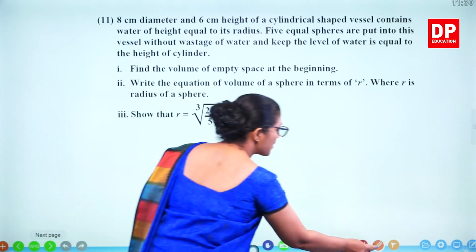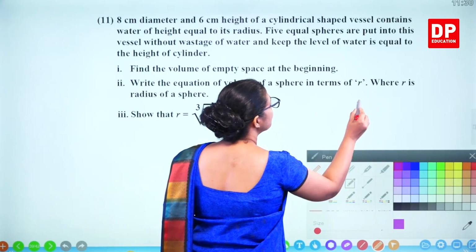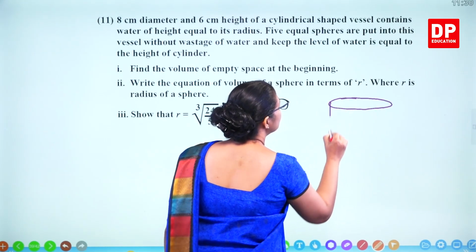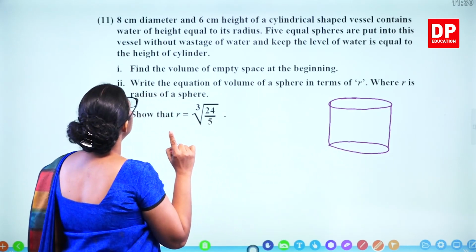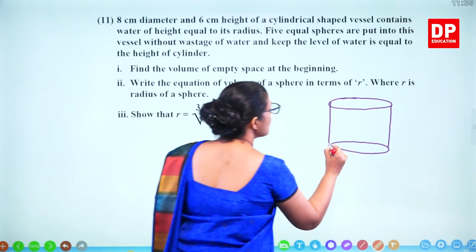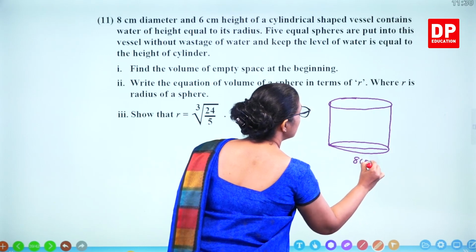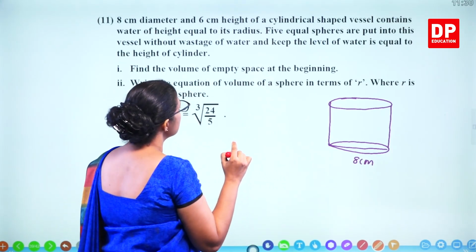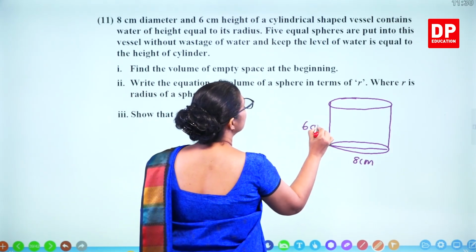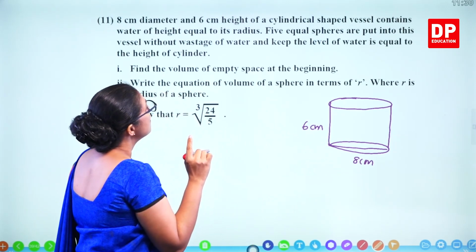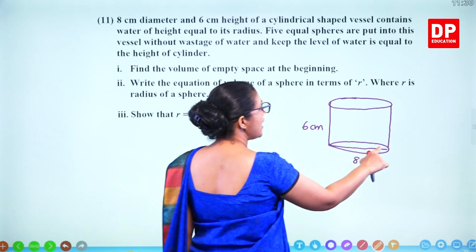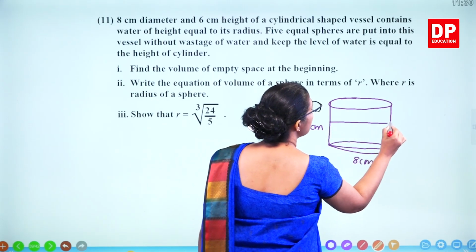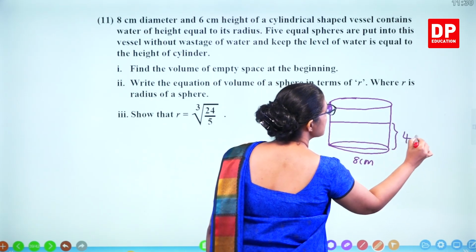This is a cylindrical shape. So it says 8 centimeter diameter. So this is 8. And 6 centimeter height. Contains water of height equal to its radius. So radius is 4. So water level, we say 4 centimeters.